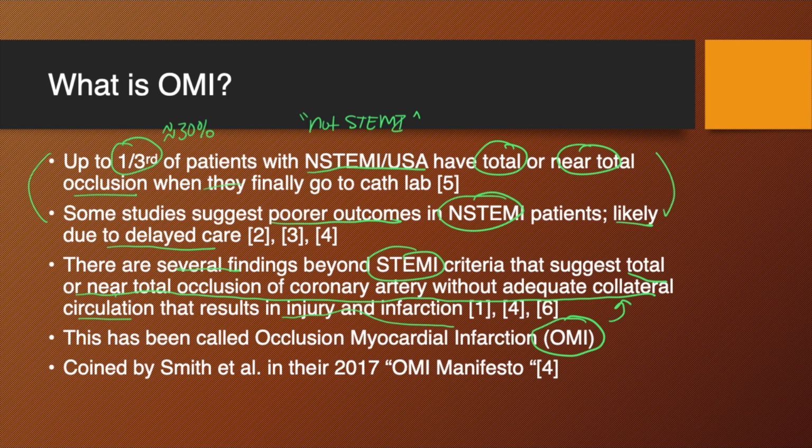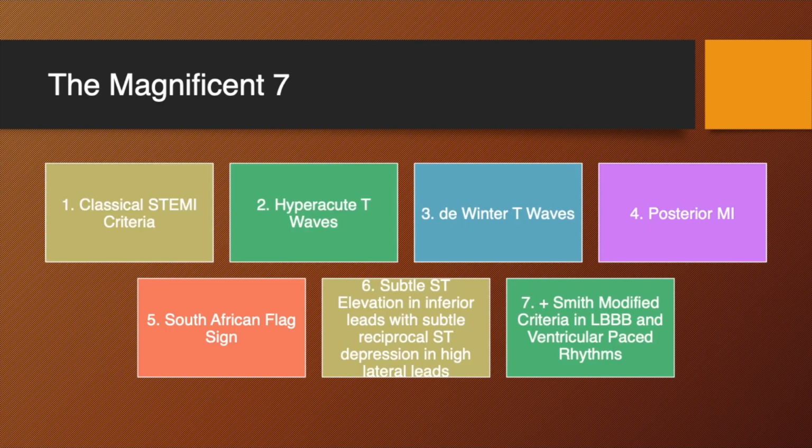All right, and this was originally coined by Dr. Smith et al. in their 2017 writing, the OMI Manifesto. So there are 7 findings that I'm going to talk about.